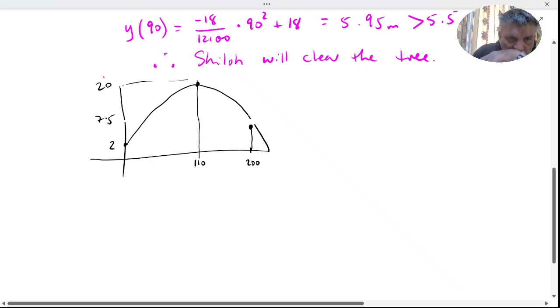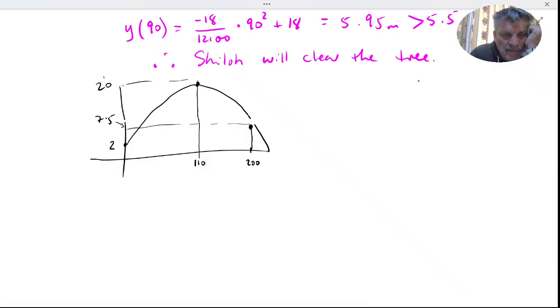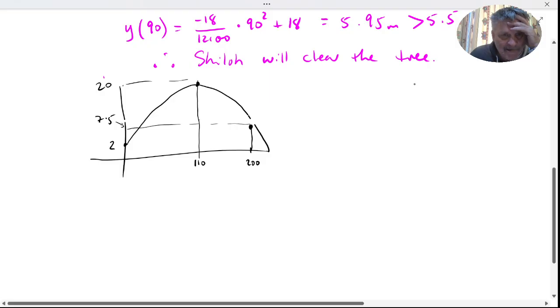We know because of our previous calculation that it's below the parabola, but we don't actually know that. Can we get a model for this?